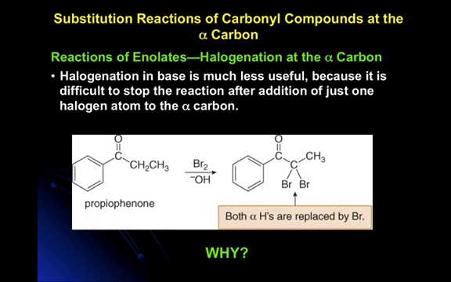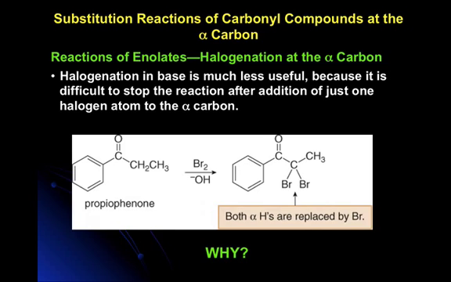Okay? So once you generate the product, it is more reactive than the starting material, and it reacts, and it will get halogenated. Okay? And so under basic conditions, very important, you need to mentally write this down. Under basic conditions, you will exhaustively halogenate the alpha carbon.